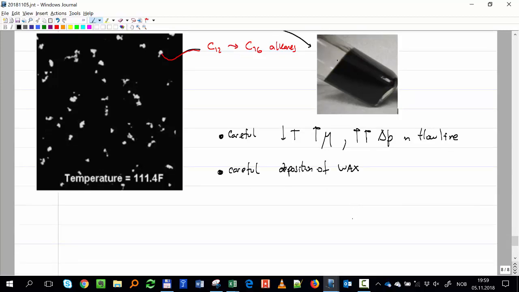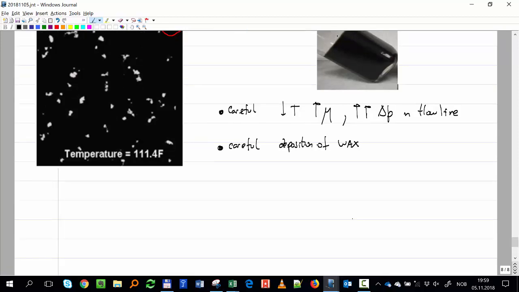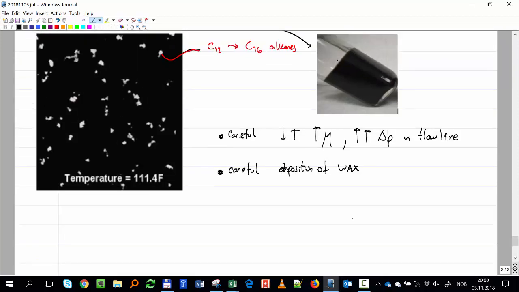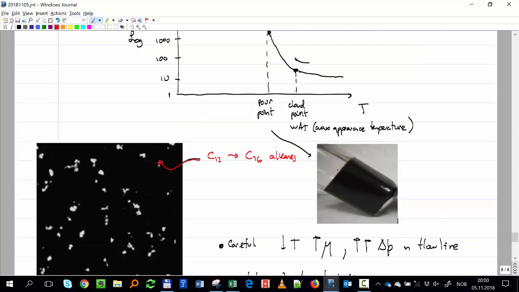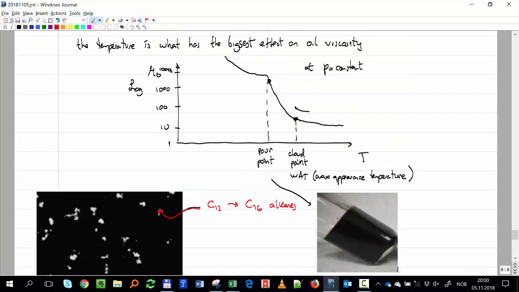Wax is these particles that appear in the crude when you cool it down. Initially it is clear crude, you can see through it. As the temperature drops and drops, you reach the cloud point, the wax appearance temperature, and you see some particles floating in the oil.